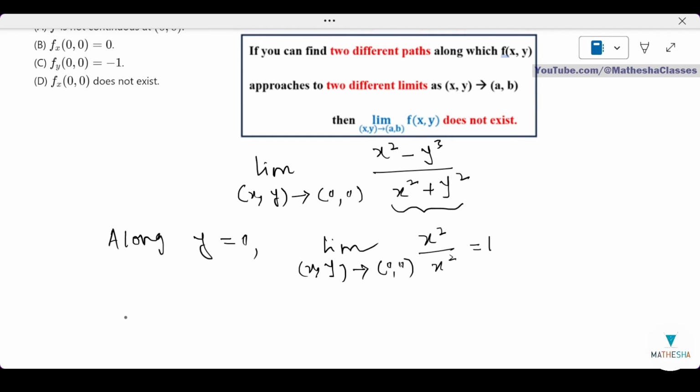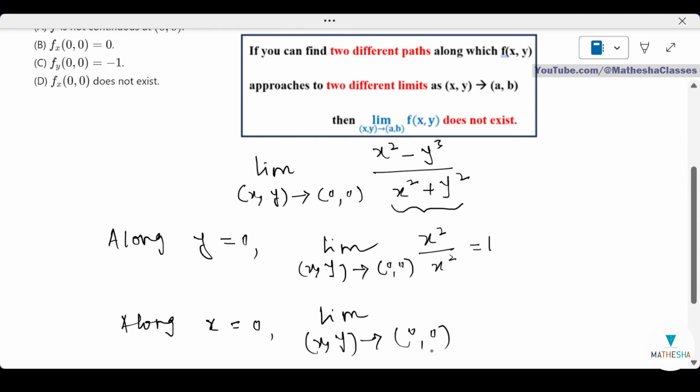And if you calculate the limit if you approach towards 0 0 along x equal to 0, the x part will vanish, so you will be left with just the y part, so that will become minus y cube by y square.